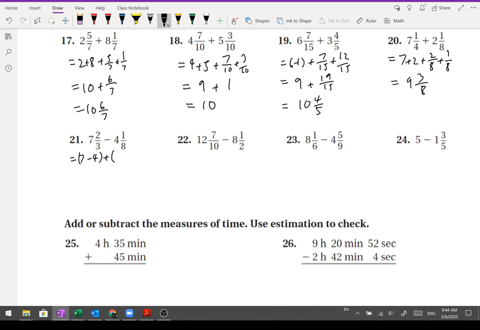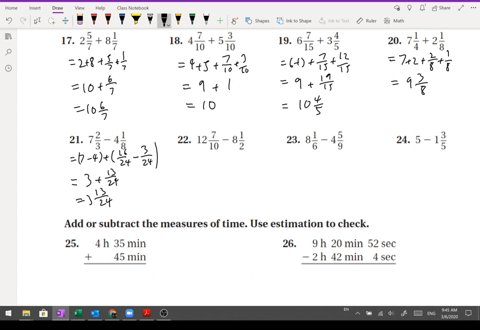So that's going to be 16 over 24. And then we need to subtract. We have 1 over 8 times 3 over 3. That's 3 over 24. And then once you do that, 7 minus 4 is 3, and then the fraction part, 16 minus 3 is 13 over 24. So we have 3 and 13 over 24.